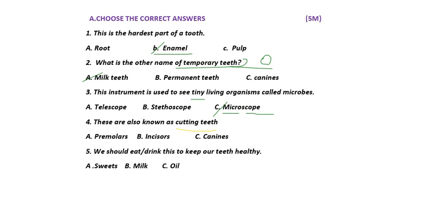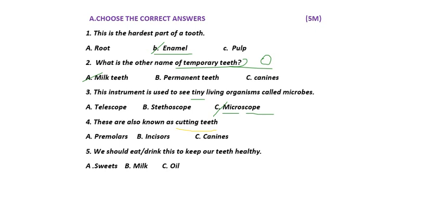Canines are also called tearing teeth. Premolars are called cracking teeth. Molars are called grinding teeth. So the answer is incisors.